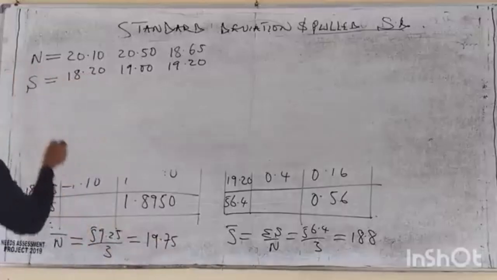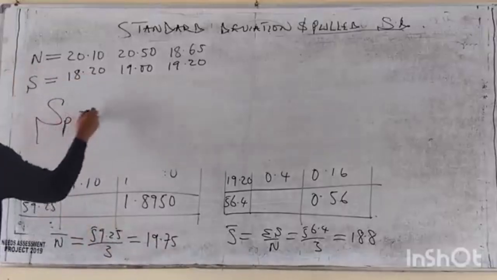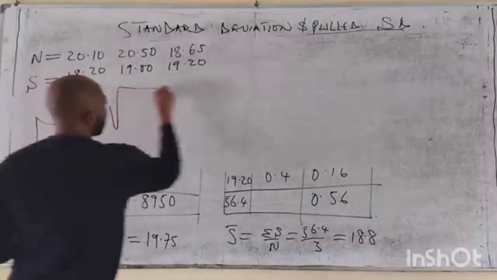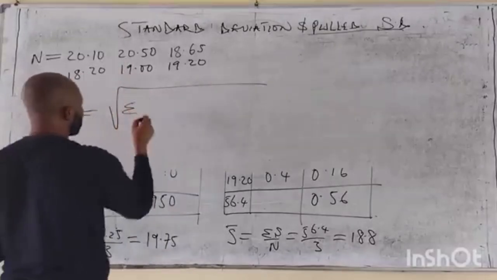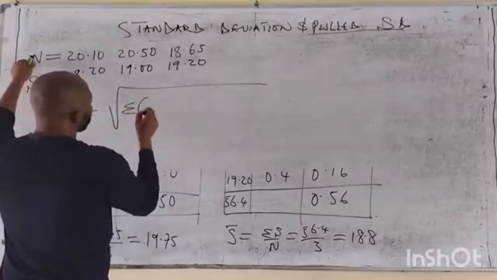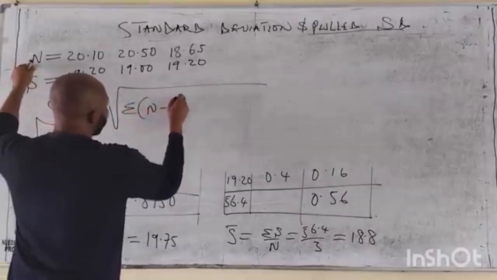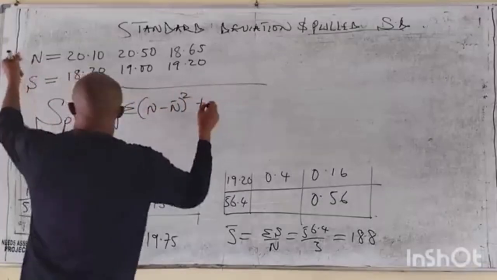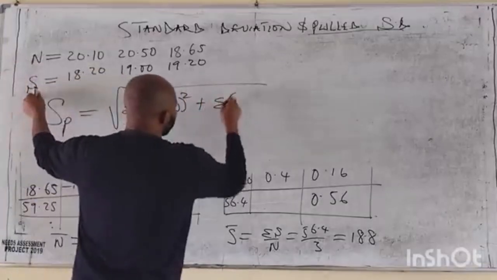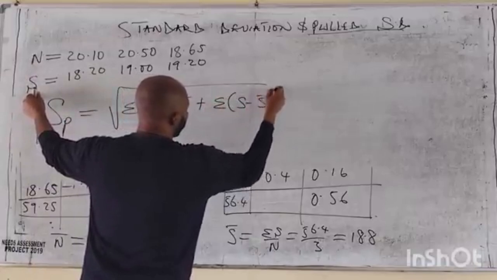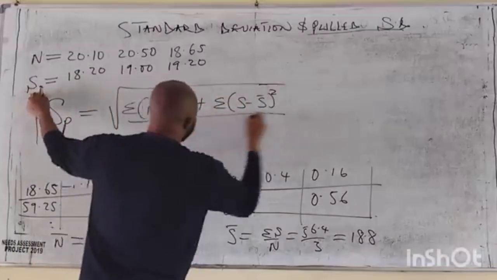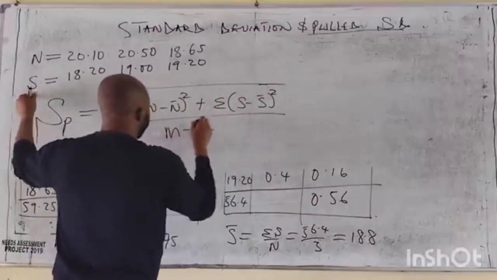So the pooled standard deviation is equal to the root of the summation of the new method, n minus n bar squared, plus the standard method, summation of x minus x bar squared, all over n minus k.